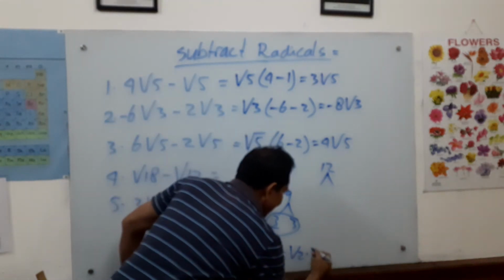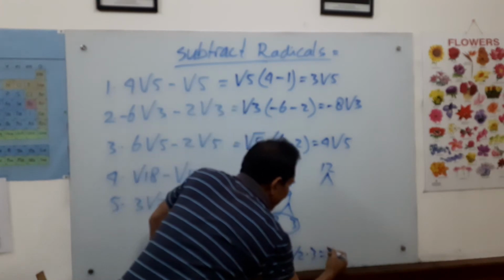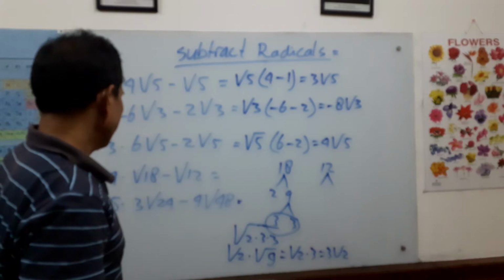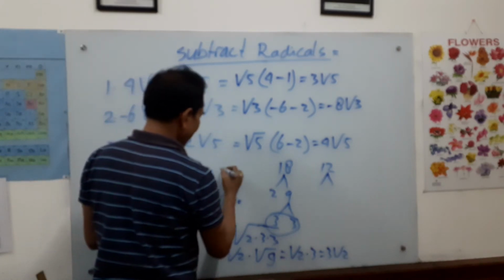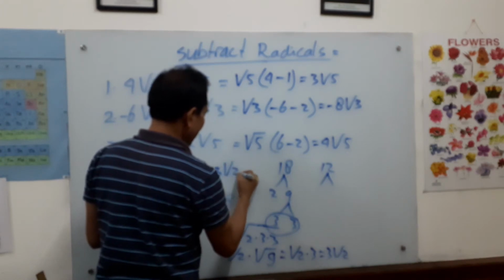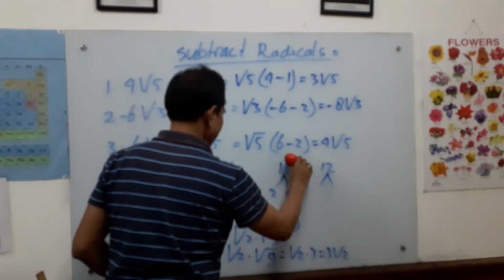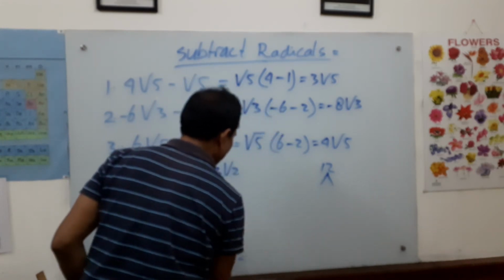So square root 2 times 3 is 3 square root 2. So we can put it here straight away. We have 3 square root 2. So square root 18 is done. 3 square root 2. Now we look at square root 12.